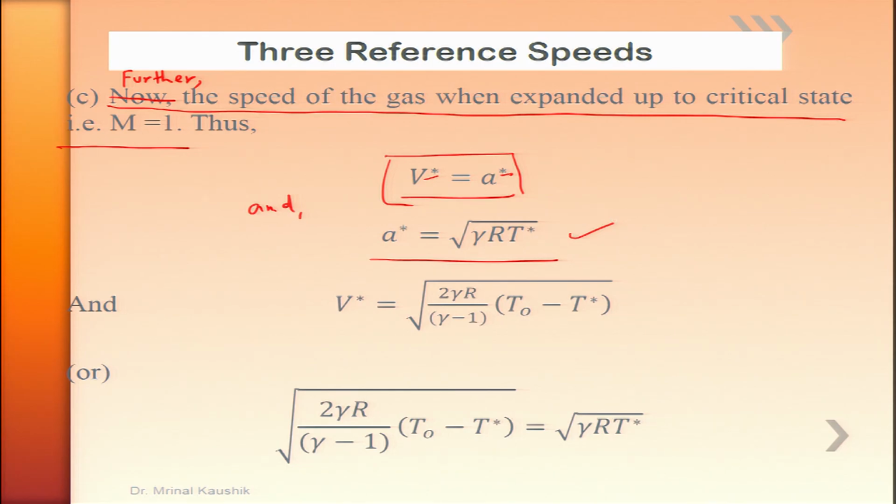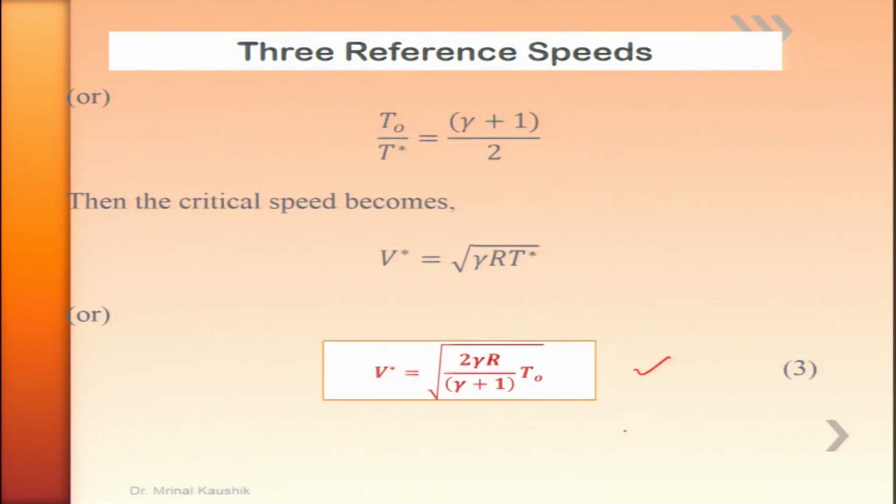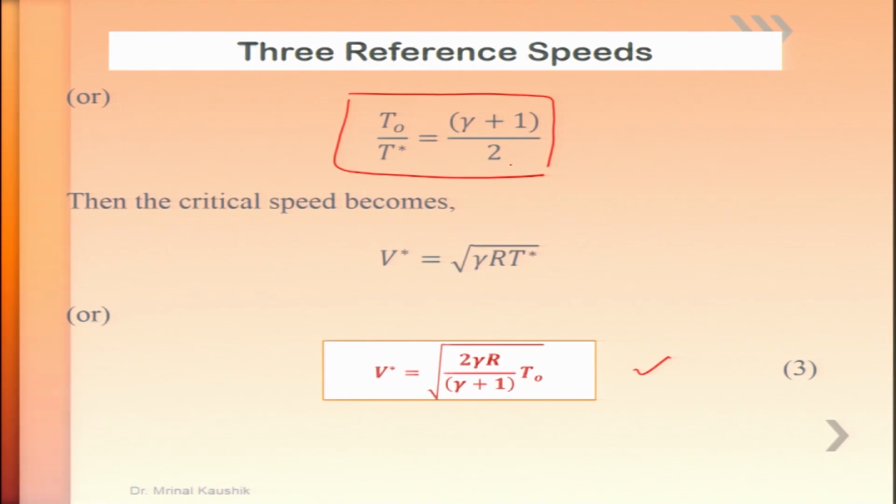Now, from the energy equation which we have derived, instead of V we write V star, the square root of 2 gamma R upon gamma minus 1 times T naught minus T star. Since V star and A star are both equal in this case, we can write 2 gamma R upon gamma minus 1 times T naught minus T star is equal to gamma R T star. Solving this leads to the form T naught by T star is equal to gamma plus 1 by 2.